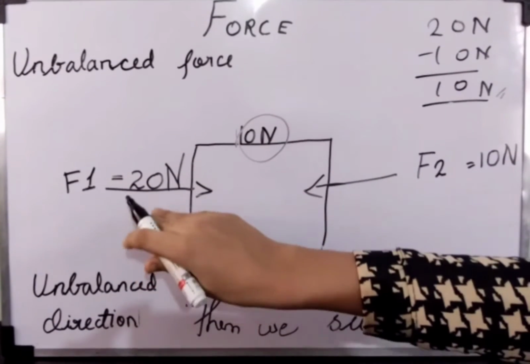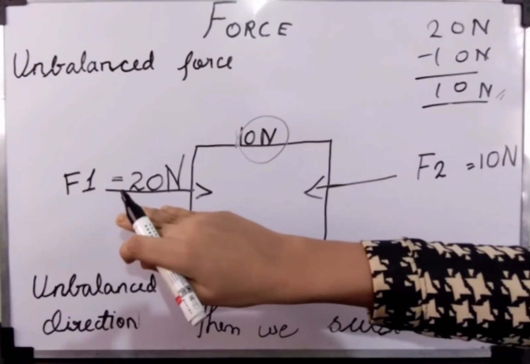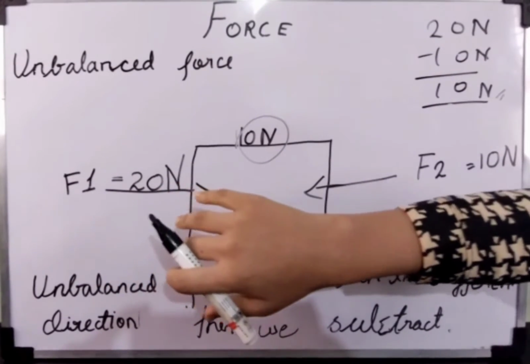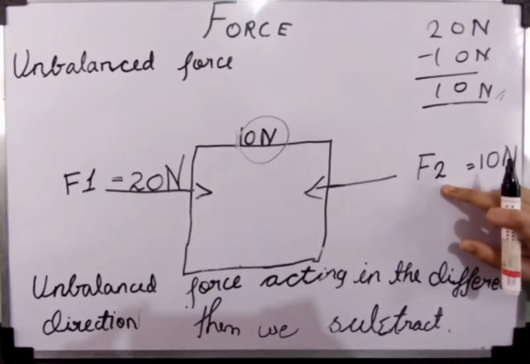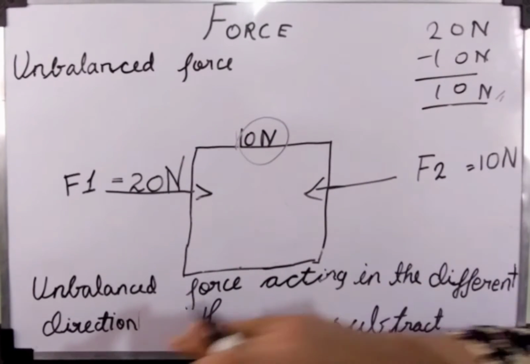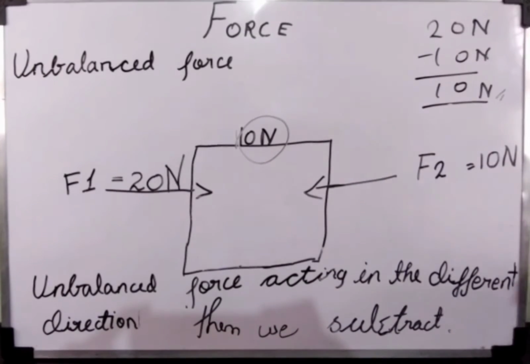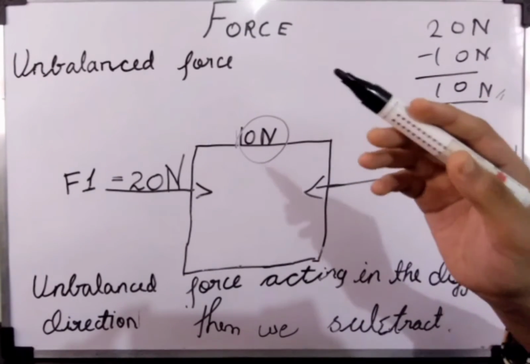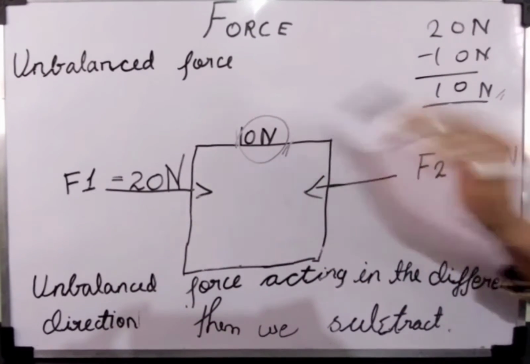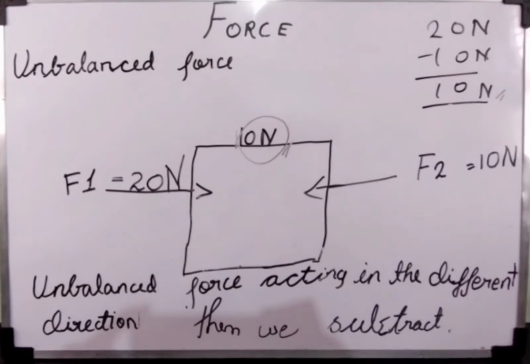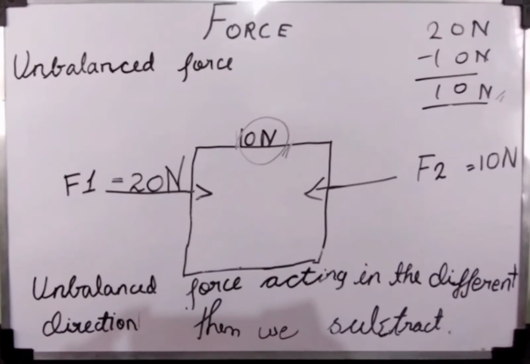So 20 Newton is bigger, and as it is bigger, the object will move towards F2. So for unbalanced forces acting in different directions, we subtract. The applied force is more than zero, and that's why it's an unbalanced force.